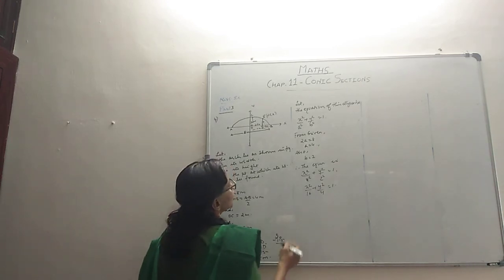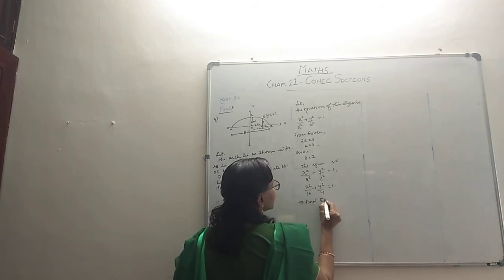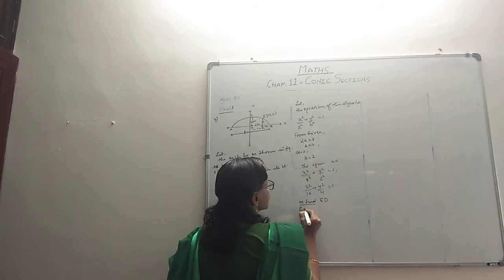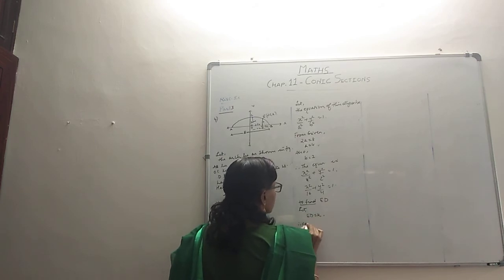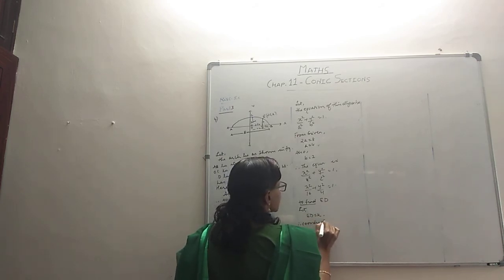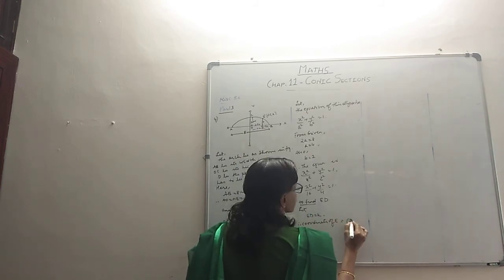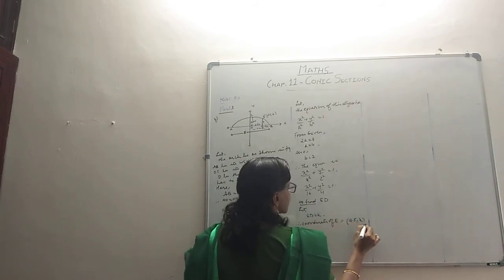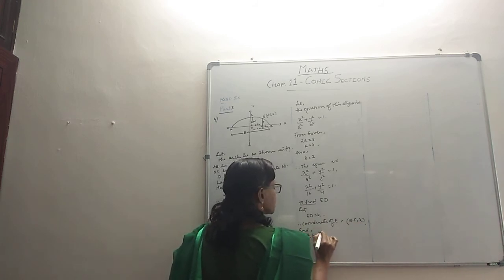So to find ED, let ED be equal to k. Therefore the coordinate of E will be x distance 2.5, y distance k, and E belongs to the ellipse.